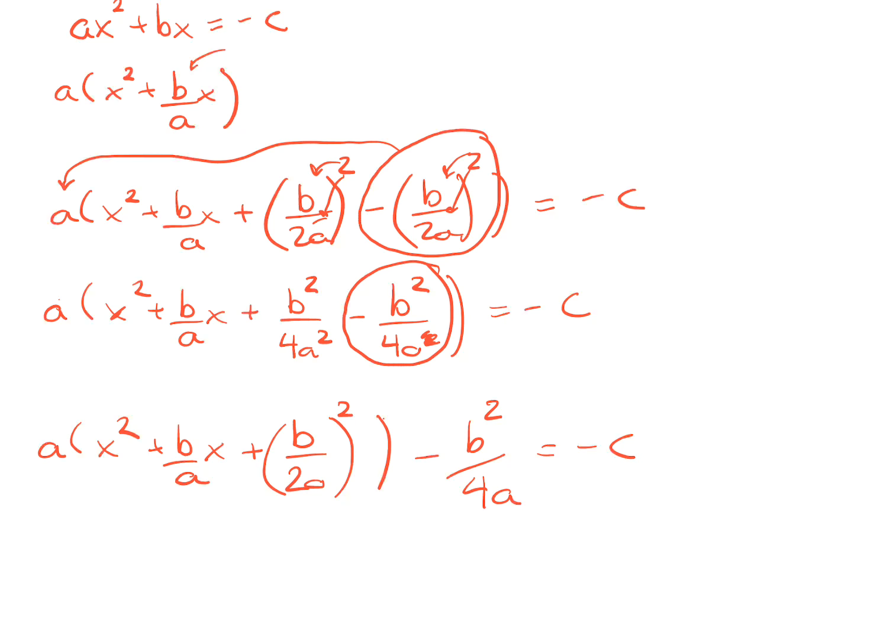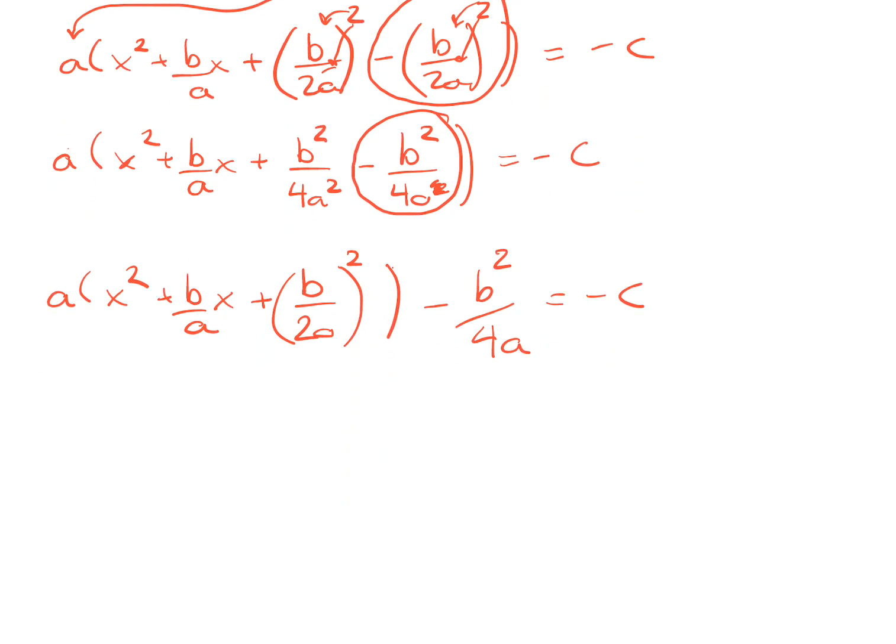So now I'm going to put this into vertex form. So a, and it's x plus b over 2a all squared, right? Just thinking here for a second. Yeah, that should be fine.